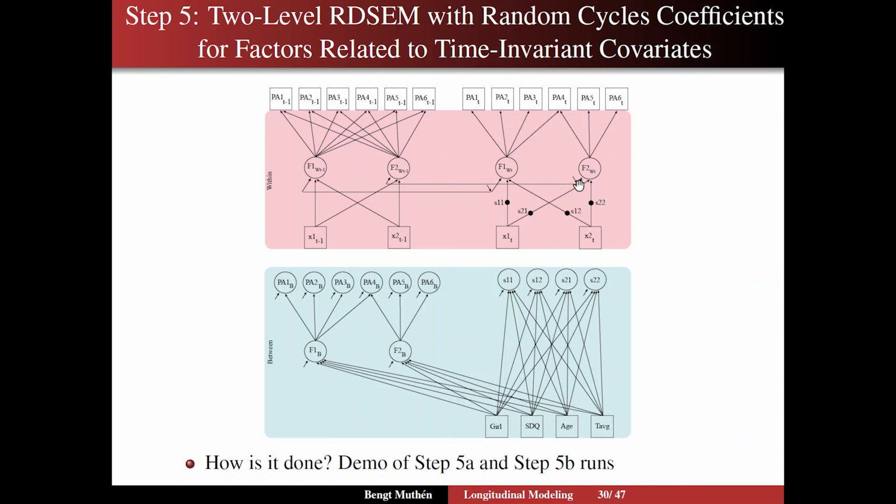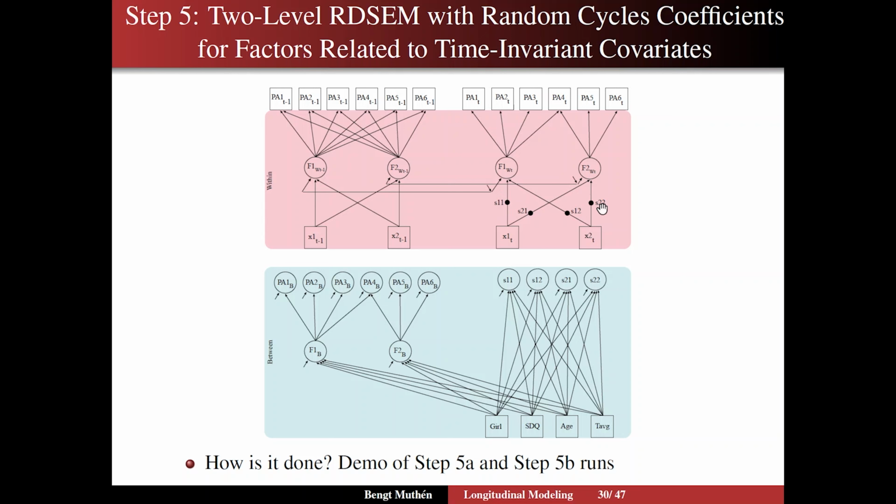And on that within level, we have the cycles covariates X1 and X2. They're time varying covariates, we can call them, so within covariates. And they influence the two factors differently. So factor 1 is influenced by this arrow and that arrow, and factor 2 by this and that.